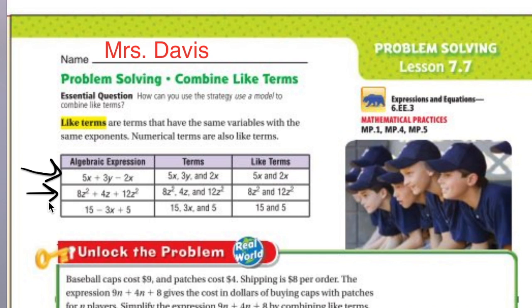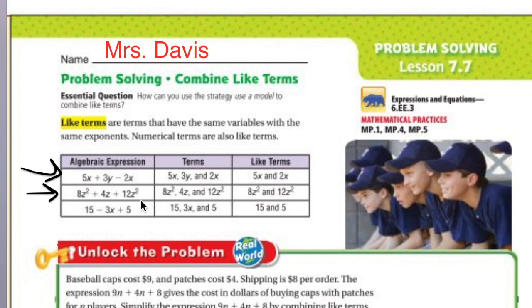In the algebraic expression, 8z to the second power plus 4z plus 12z to the second power, you have the terms 8z to the second power, 4z, and 12z to the second power. But what are the like terms? So remember, the terms have to have the same exponent.